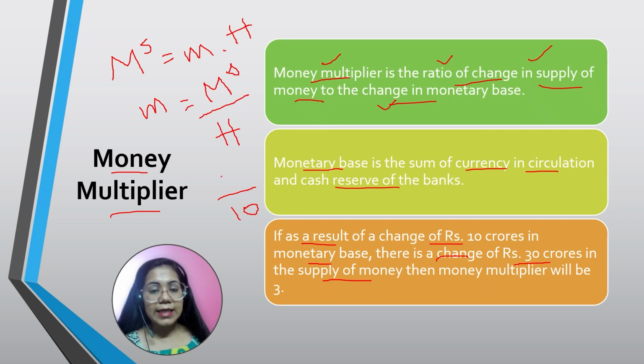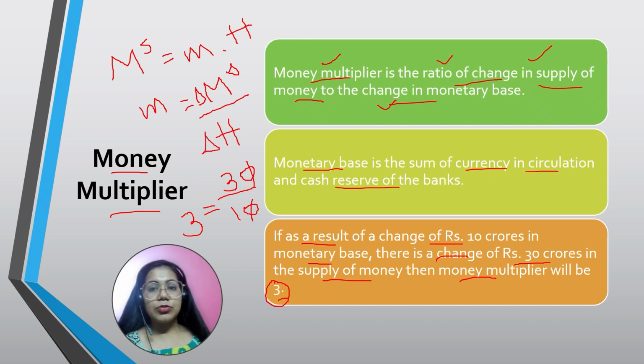Then the money multiplier will be 30 upon 10, which is 3, as is written here that the money multiplier is 3. So we can easily see that the money multiplier is the ratio of change in the money supply to the change in the monetary base.